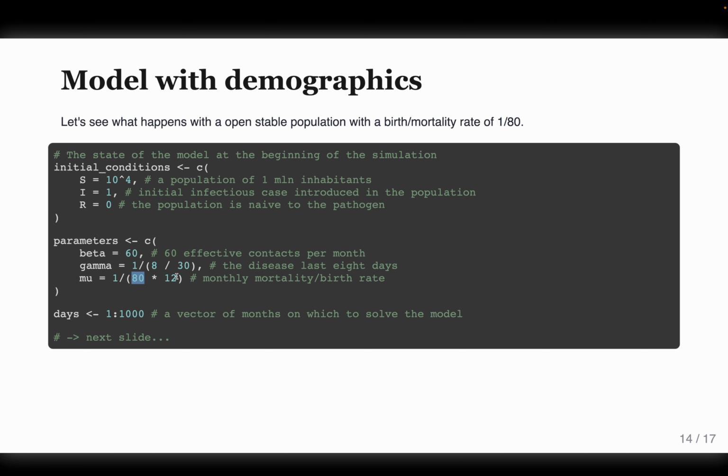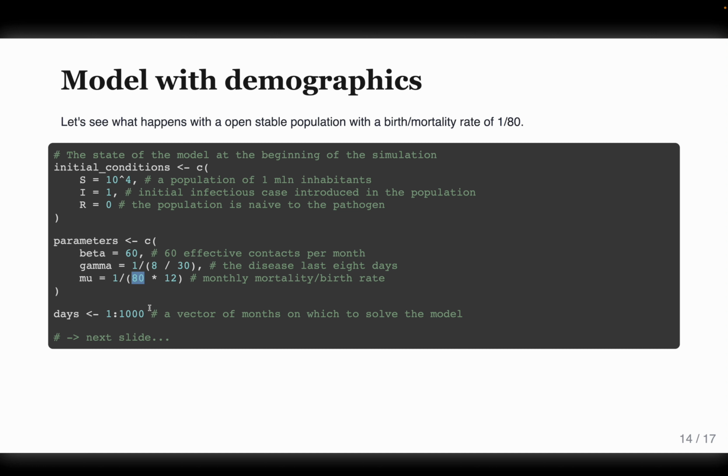I use this example with months also because it's a way to show you how changing the time definition requires also changing all the variables in order to take it into account. For example, I could have just written 2 by 30 to say that there are 2 efficacious contacts per day.